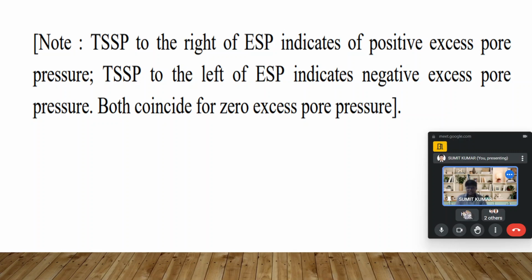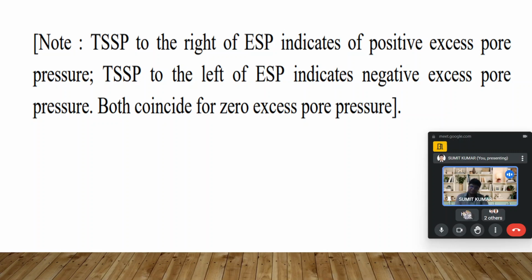The note is that the TSSP to the right of the ESP indicates the positive axis for pore water pressure, while the TSSP left of the ESP indicates the negative axis for pore water pressure. When we talk about positive and negative pore water pressure, we need to understand what we mean by them.